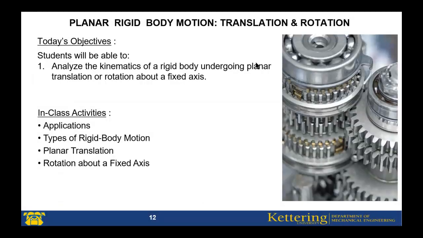For a rigid body in planar motion, we want to find the velocity and acceleration for different cases. In today's lecture, first I will show you the applications of why we need the rigid body, then the different types of motion for the rigid body: translation, and rotation about a fixed axis, with the equations to find the velocity and the acceleration.